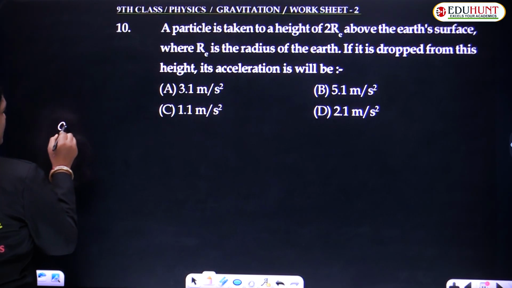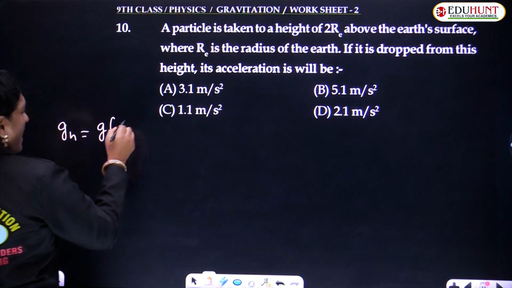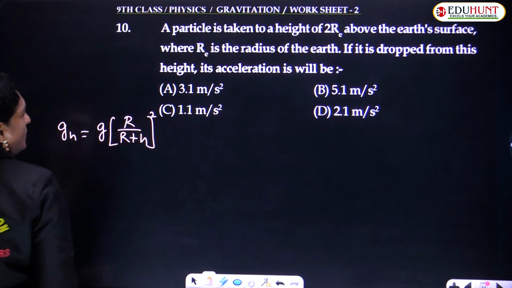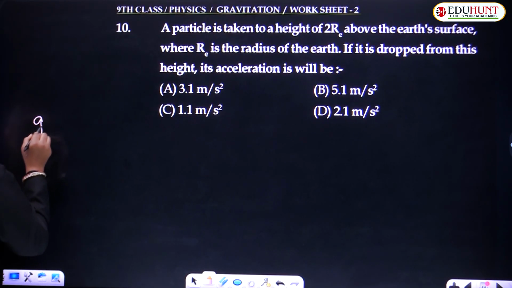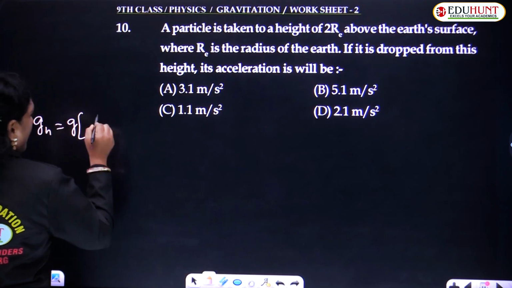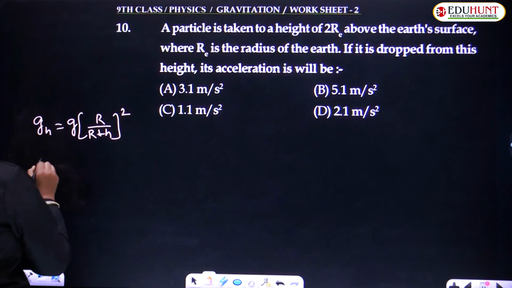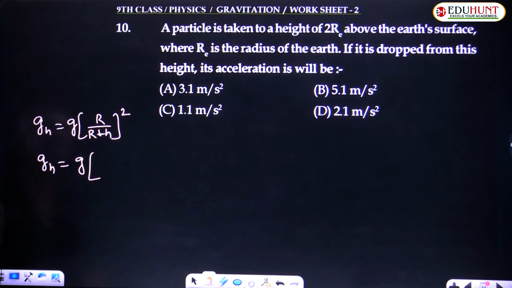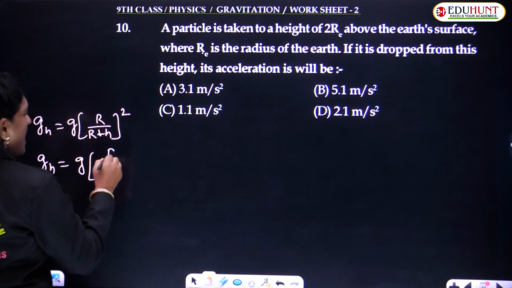The value of acceleration gh is equal to g times r by (r plus h) whole square. What is r? r is the radius of the earth, considered as RE.